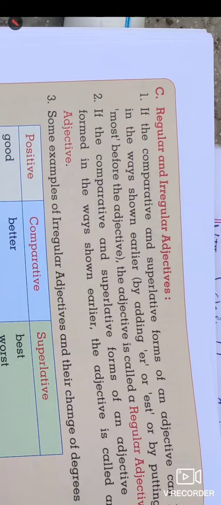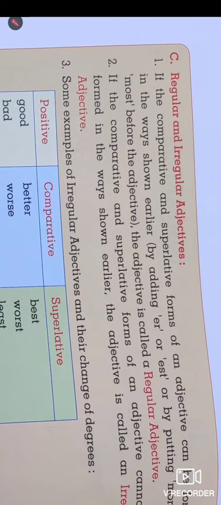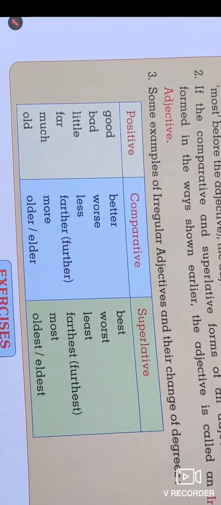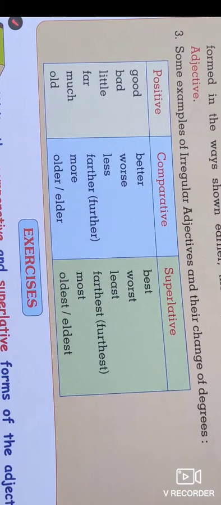Irregular means different from regular. If the comparative and superlative forms of an adjective cannot be formed in the way shown earlier, the adjective is called an irregular adjective. So here are some examples of irregular adjectives. Good in the positive degree becomes better in the comparative degree and best in the superlative degree.